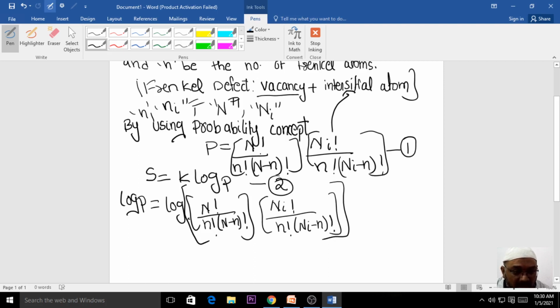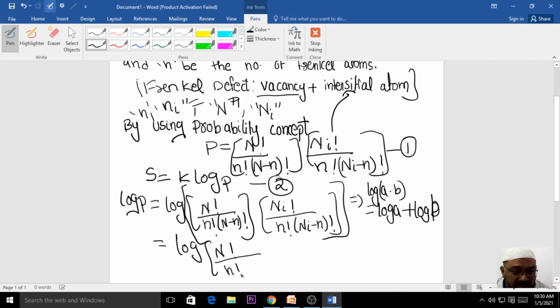So here what will it be? Log A into log B. You already know the formula: that is actually equal to log A plus log B, right? So log A means separately you can just do the log of N! by n! (N − n)!. This we have done in the shortcut effect also.